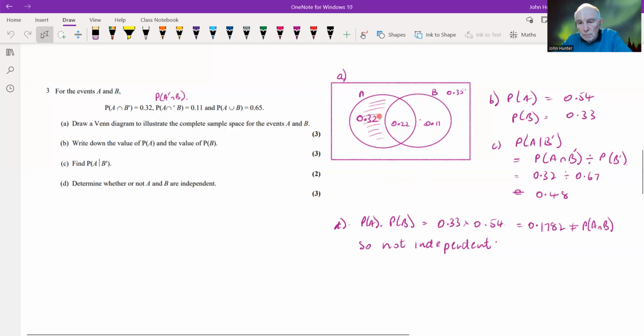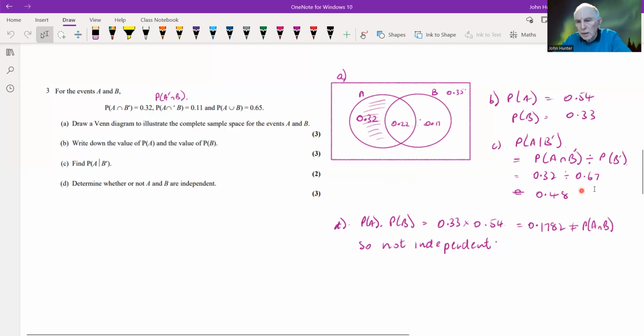Right, okay, so if it's not in B, it's either this or this. So our total space is actually 0.67. So the probability of it being A is 0.32 out of 0.67. So that is 0.32 divided by 0.67. It's a fraction, really. And that works out as approximately 0.48, to 2 decimal places.